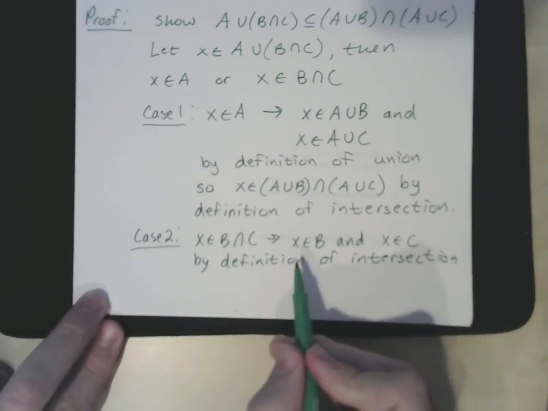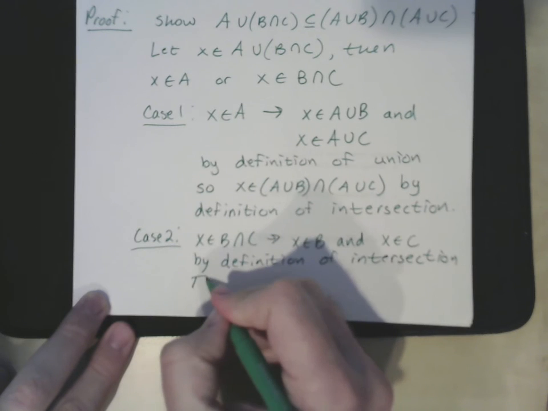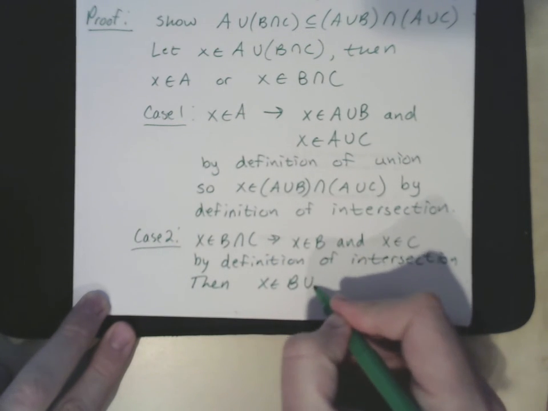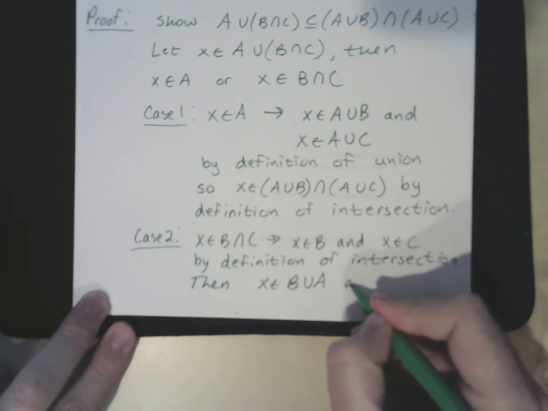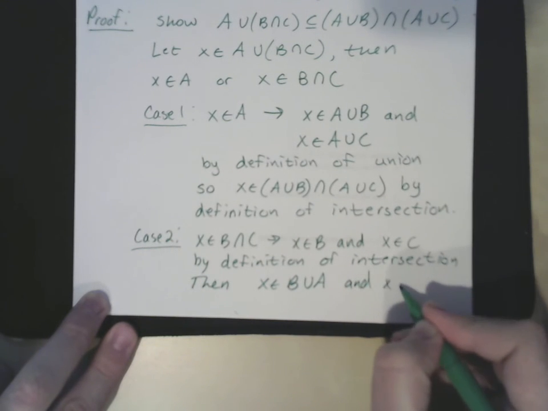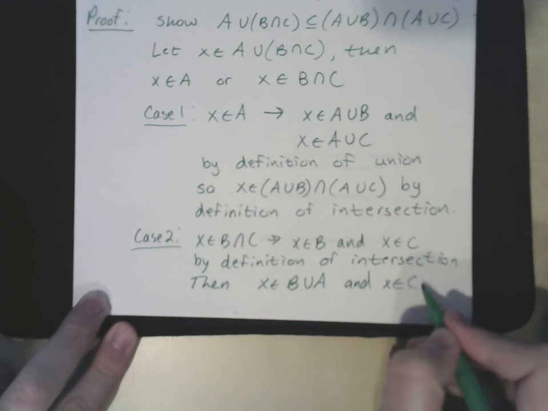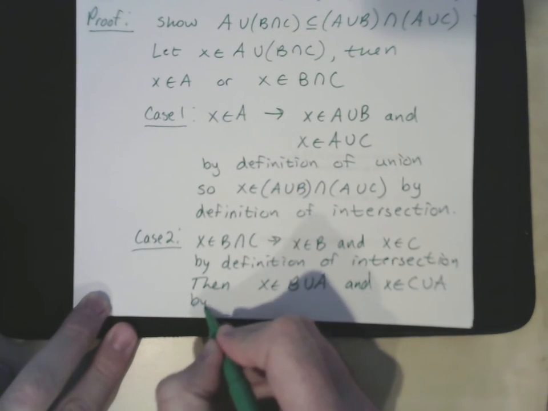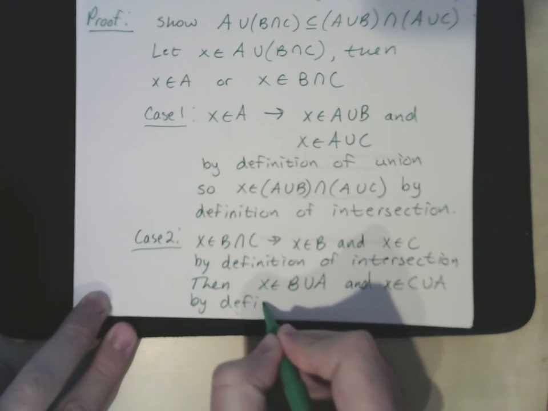And then if we're in B and we're in C, well then X is in B union A and X is in C union A. Again, this is just by definition of union.